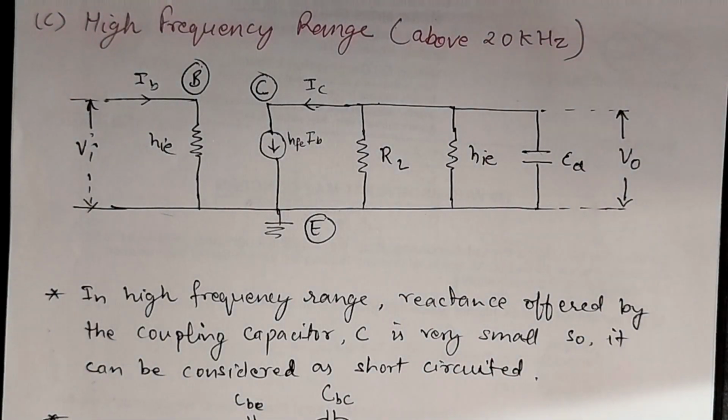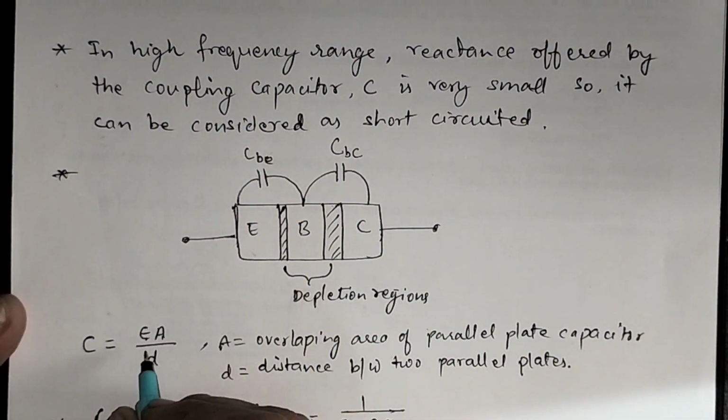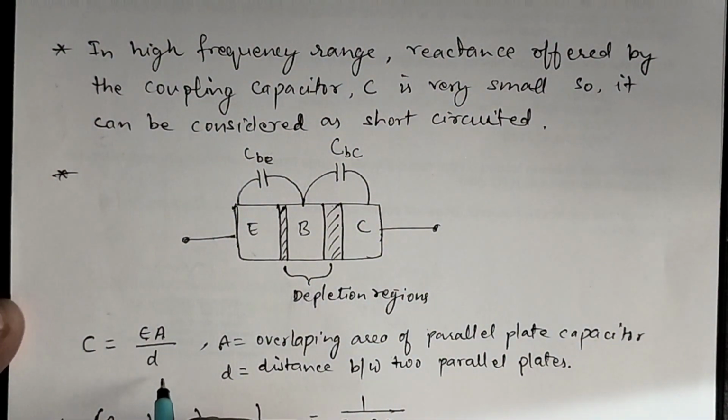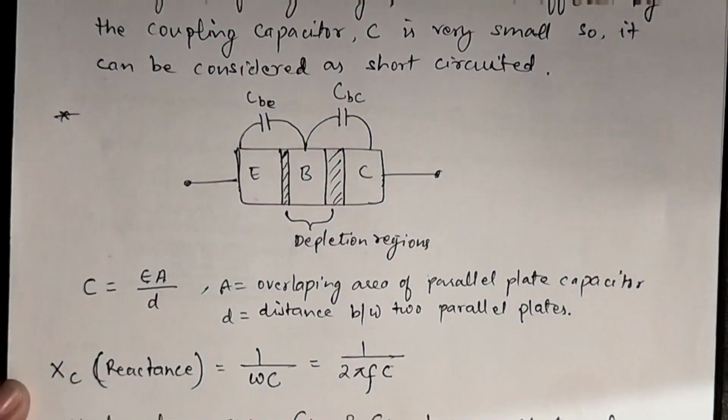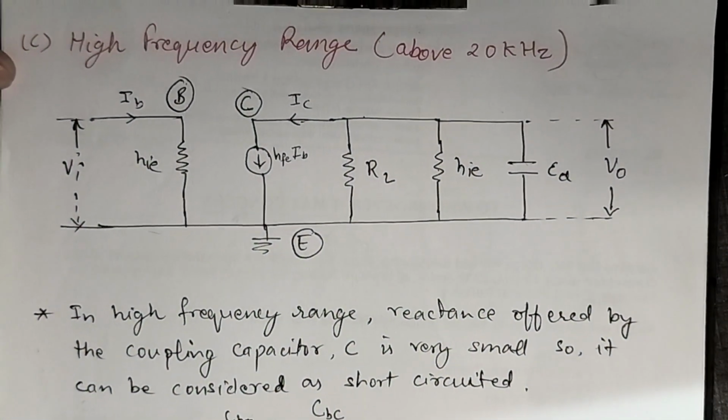Why is it considered short circuited? We know that coupling capacitor C equals epsilon A upon d. The reactance offered by the capacitor is Xc equals 1 upon 2 pi f C. This f is high, so as the relation is inverse, the reactance offered by the capacitor is very small, so it can be neglected here.